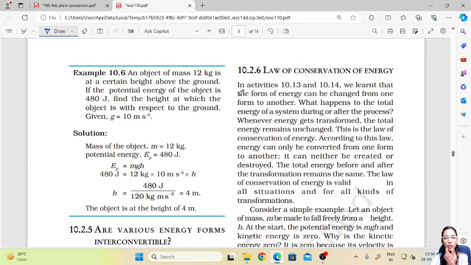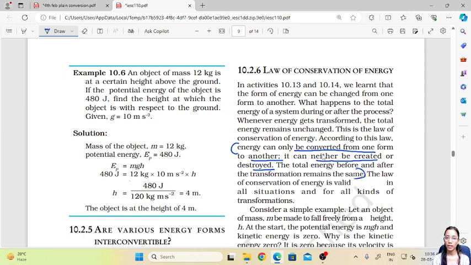Now what is this law of conservation of energy? The law of conservation of energy says that energy can only be converted from one form to another. It can neither be created nor destroyed. The total energy before and after transformation remains the same.